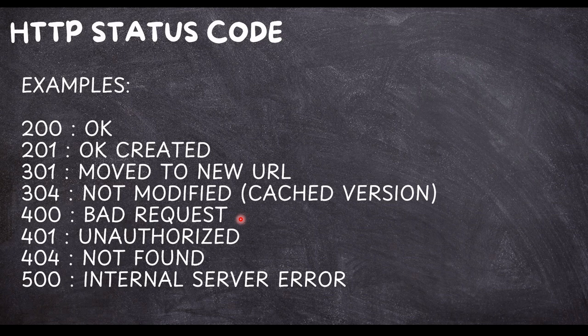You are asking for something which is not available. And 404, not found, is the most common. So all the 400s range relates to some kind of client error, and the 500s range is some issue with the server, internal server error. It could be anything. So let's skip it. We don't have to get into it.